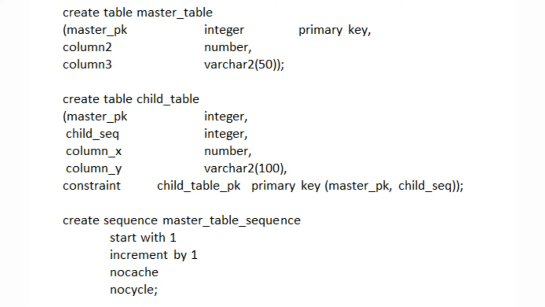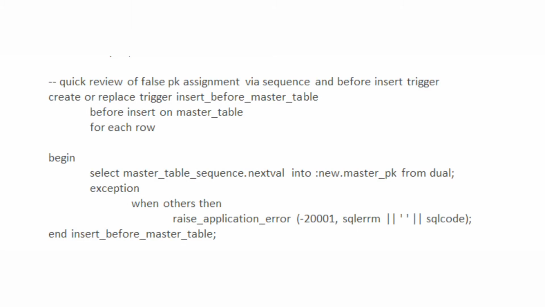While you're at it, please also build a sequencer for the master table in a fashion similar to our example in the last lecture. We'll use that to assign values to the master table's false primary key. Again, standard stuff. We start off easy by writing the before insert master table trigger. Really straightforward.